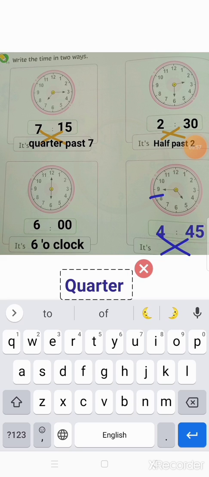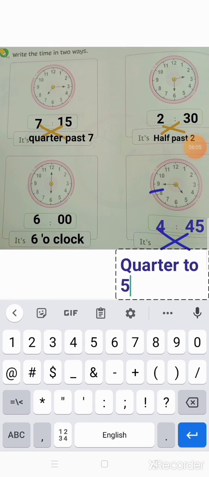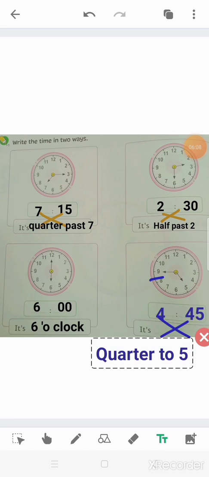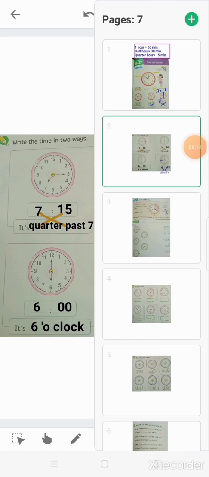Is it to or past? To. To what? Add 1 to the hour. 4 plus 1 equals 5. So it's quarter to 5. Okay, let's see the next one.